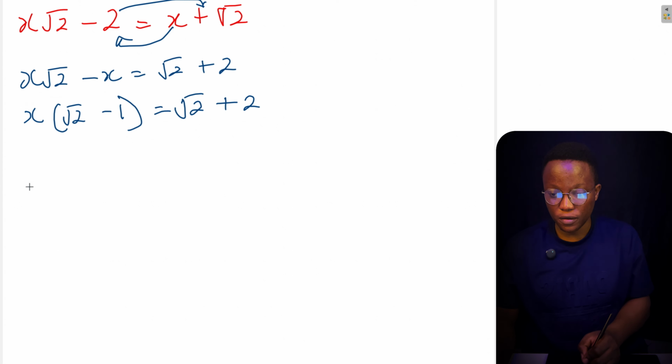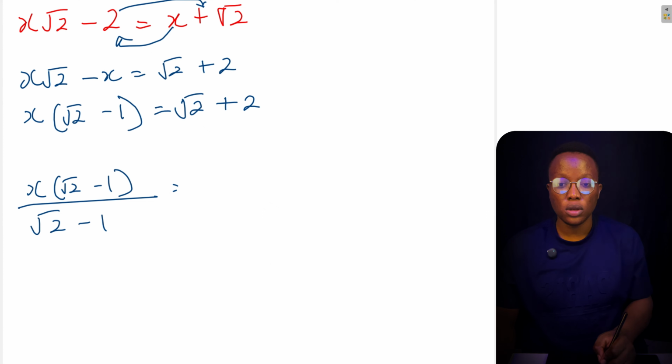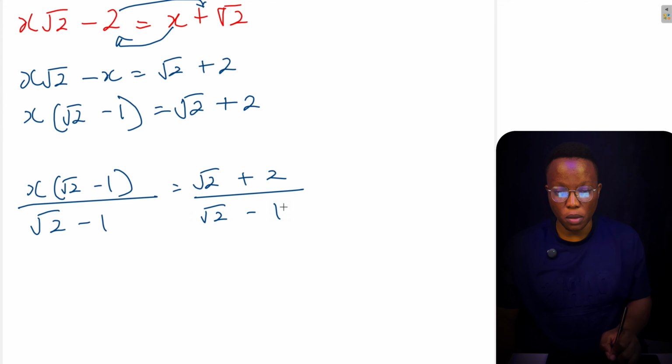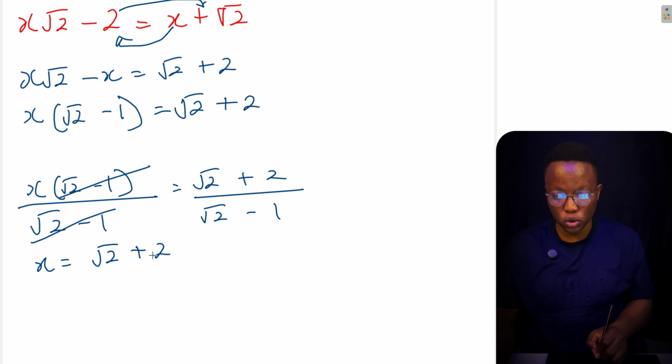We're going to have x into root 2 minus 1 all over root 2 minus 1 is equal to root 2 plus 2 all over root 2 minus 1. Okay, so all of this is going to cancel all of this out. Now x is equal to root 2 plus 2 all over root 2 minus 1.